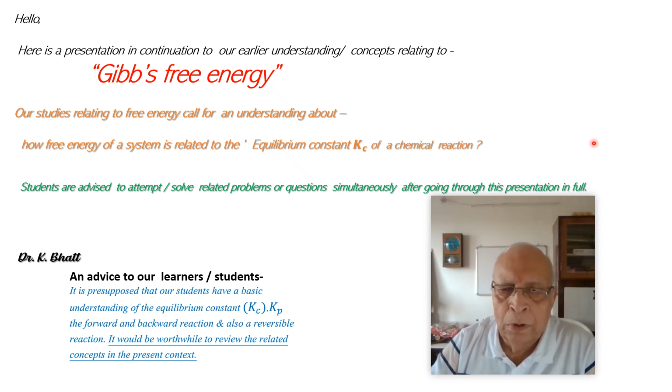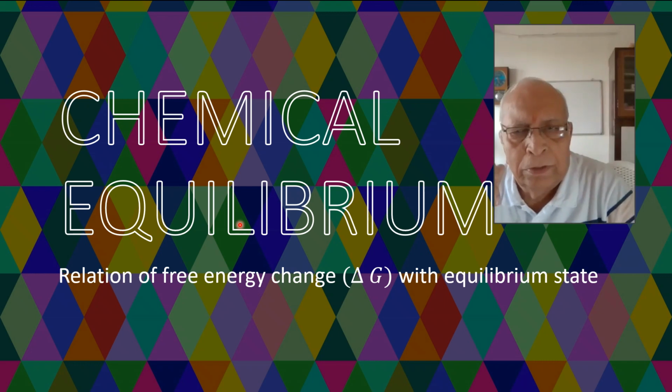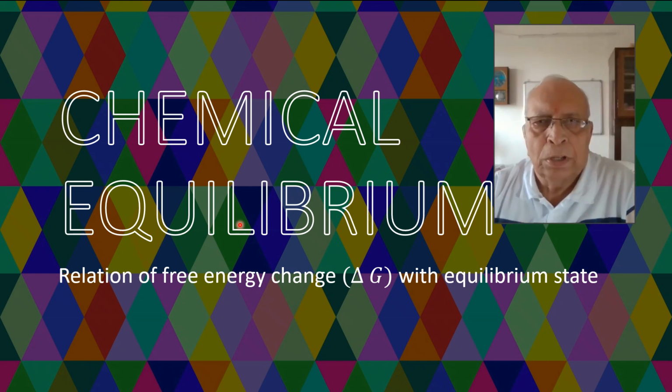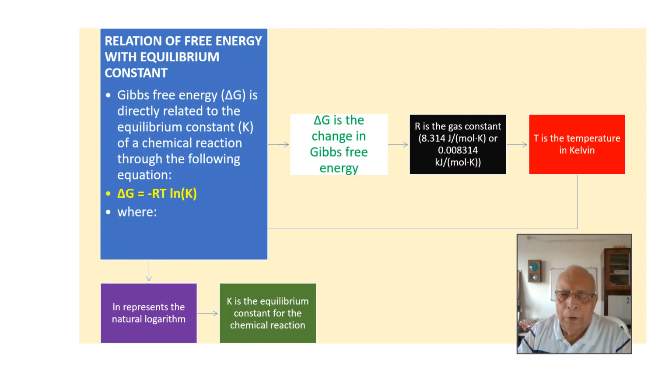Okay, so let us see what is there for us. The topic is chemical equilibrium, and the relation of free energy change with equilibrium state. Of course, it is very direct, and for simplification I have provided an easy chart, rather a flow sheet, on how to determine equilibrium free energy with equilibrium constant.